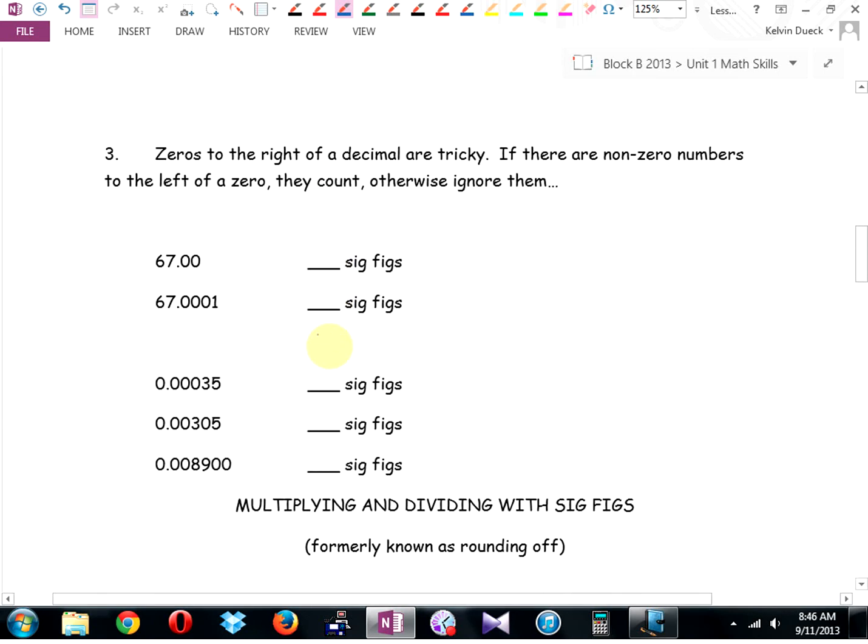Zeros to the right of a decimal are tricky. If there are non-zero numbers to the left of a zero, they count. Otherwise, ignore them. Say what? How many sig figs in this next one here? 67.00. 4.